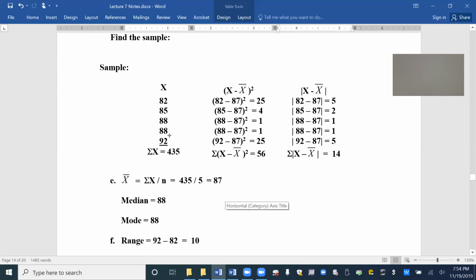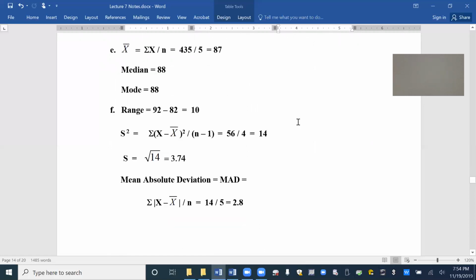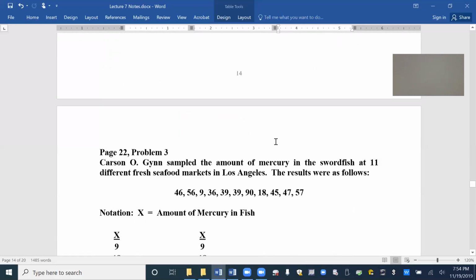Mode is 88. Median, since there's 5 in our sample, cuts right through this middle value, 88. Add them up, divide by 5. 87 is your sample mean. And I show you how to do the range and the variance and the standard deviation, just show you the calculations for those.